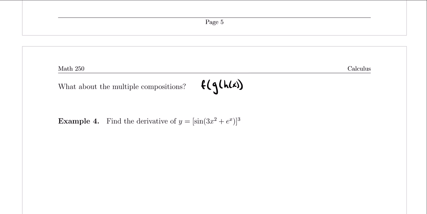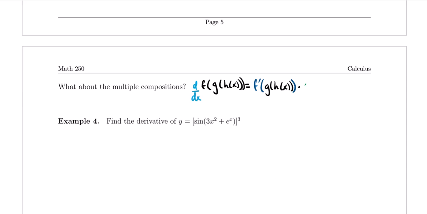Well, you bet. If we went ahead and took the derivative of this triple composition, then our derivative would have been f prime evaluated at the inside, which in this case is the g of h of x. Oops, it looks like I missed a parenthesis here. Okay, so this is part of the derivative times, now we start working our way inside.